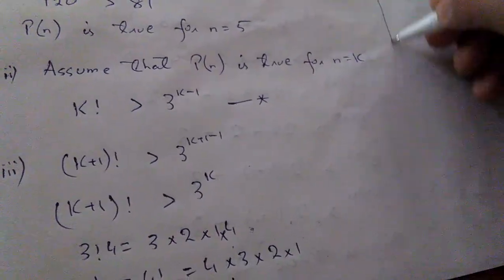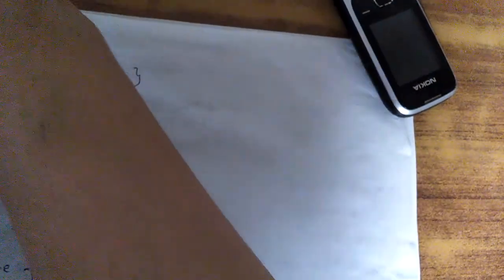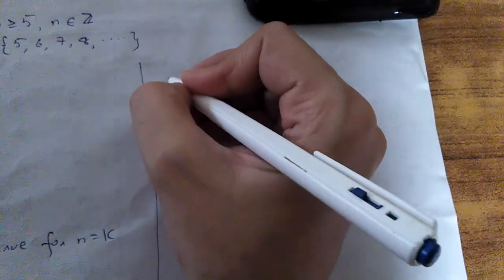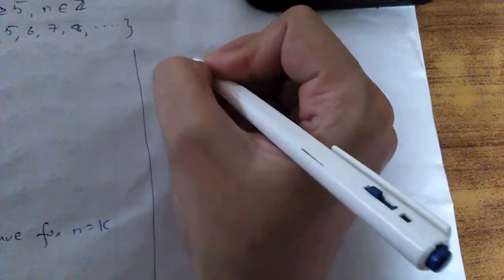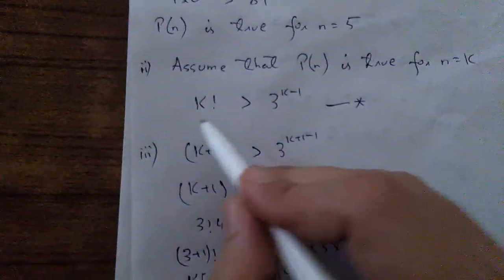So let us apply your step number 3. Okay, so I'm multiplying k plus 1 at both sides of my star equation.